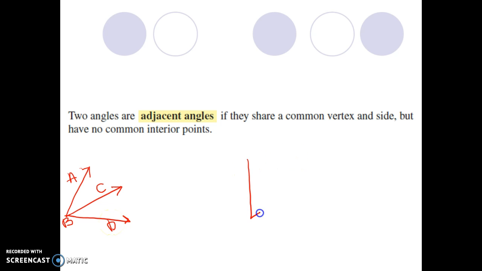However, if I drew something like this, call this X, Y, Z, W, U, I couldn't say that XUZ and YUW are adjacent because they would be overlapping everywhere in here. So adjacent means they share a vertex and a side, but they don't overlap at all.